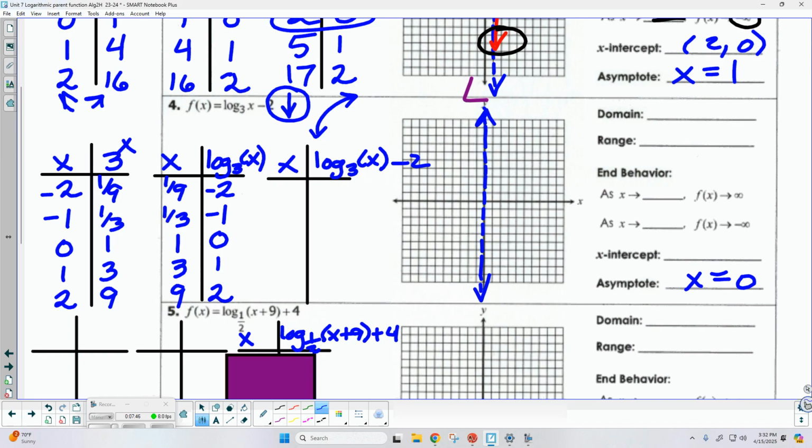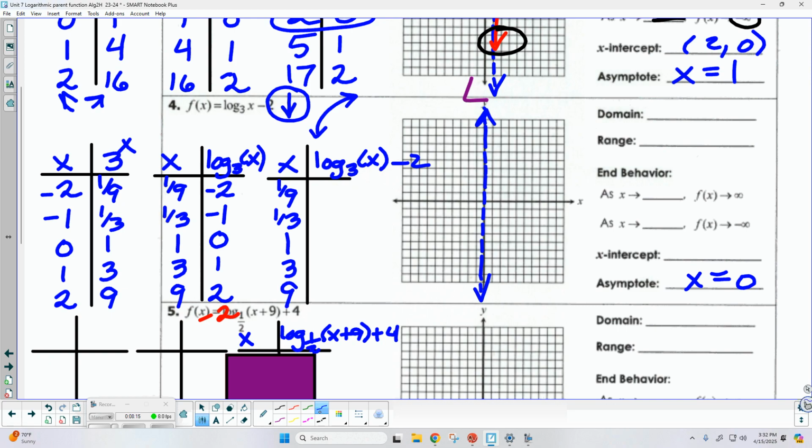So what values will I subtract 2 from? The x's or the y's? Which ones are vertical? The y's. The y's are vertical, so it's only those that I'm going to subtract 2 from. Nothing is happening horizontally, so those x values stay the same. This is going to be 1/9, 1/3, 1, 3, and a 9.